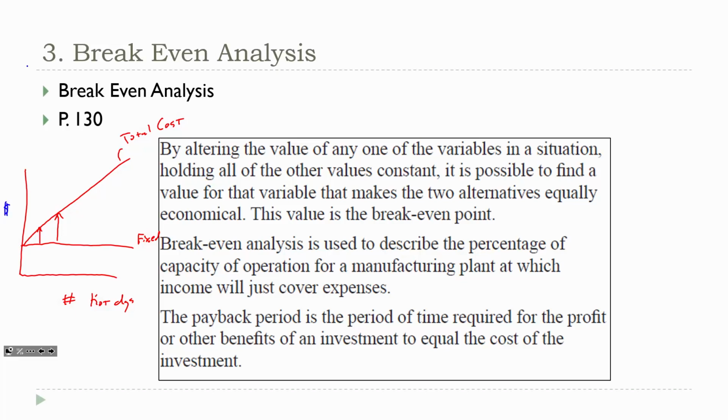But as you sell, you're going to have a revenue curve that looks something like that. This point right here would be a break-even point. Revenue is probably the better word to use, not income.